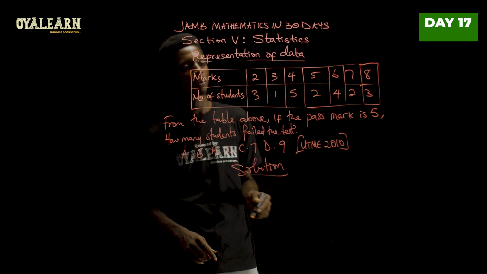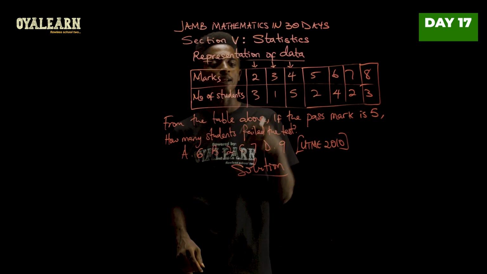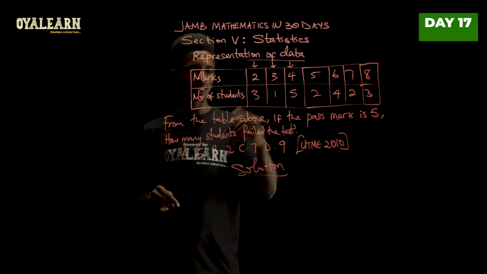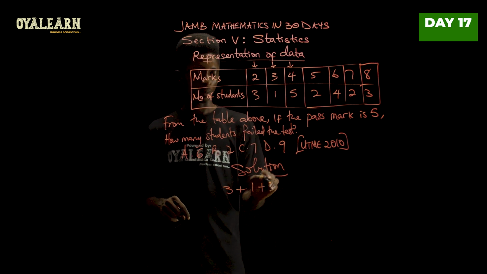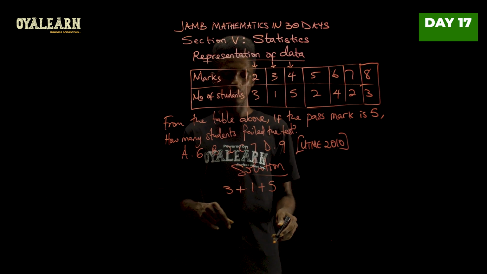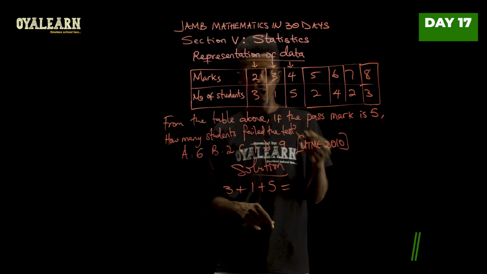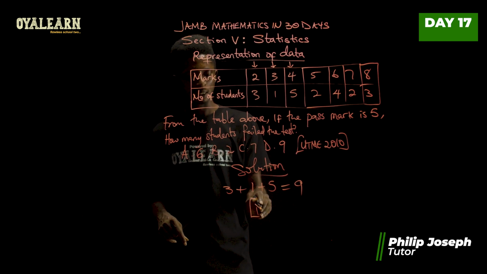So if we are considering below 5 marks, it means we'll be looking at these points of the table, 2, 3, and 4. So the sum of students that made these low marks is 3 plus 1 plus 5. These are the number of students that failed the test. So when we add this up, 3 plus 1, that's 4, plus 5, and then we have 9. So the option we pick is D.